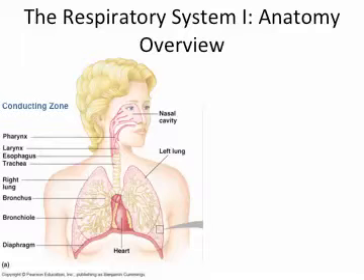Those primary bronchi branch into secondary and tertiary bronchi, and then after the tertiary bronchi, the diameter of the tube is so small that you call it a bronchiole.